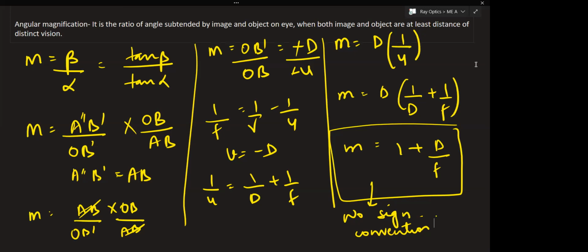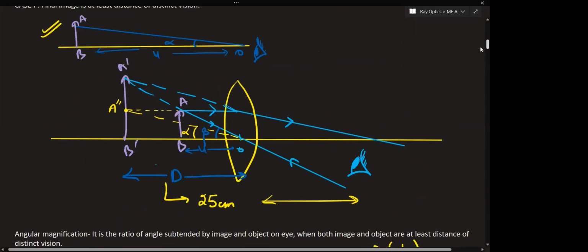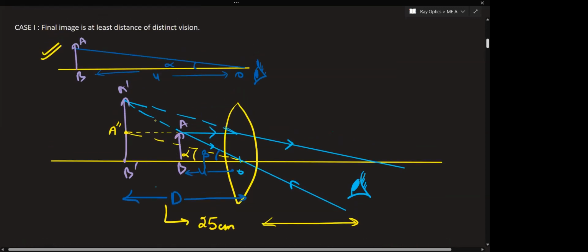See class, if this is the case of infinity, what will the difference be here? I'll make the correction here only. If it is case 2, the final image is at infinity.